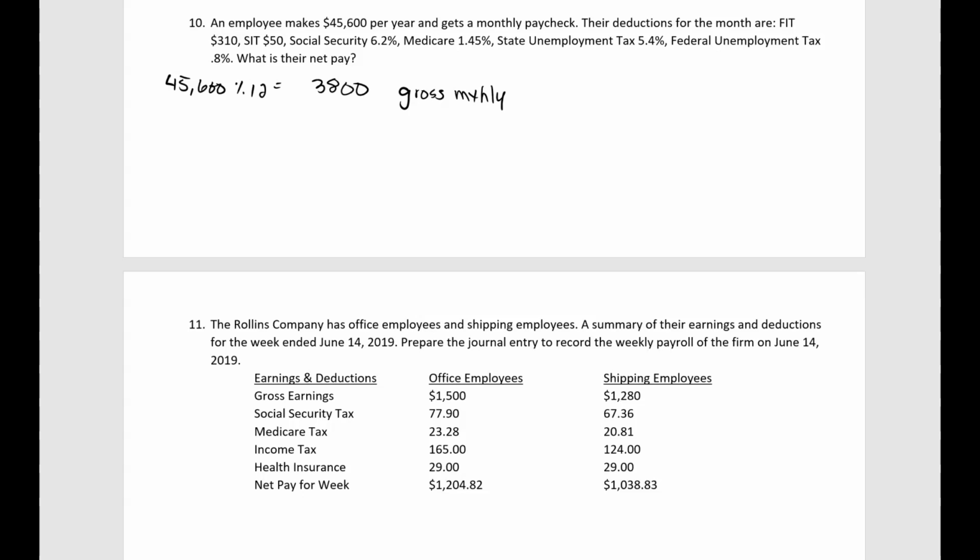Okay, and then now let's look at their deductions. FIT of $310, SIT, which is state income tax, of $50, Social Security of 6.2%, and that would be 3,800 times 0.062 gives you $235.60.